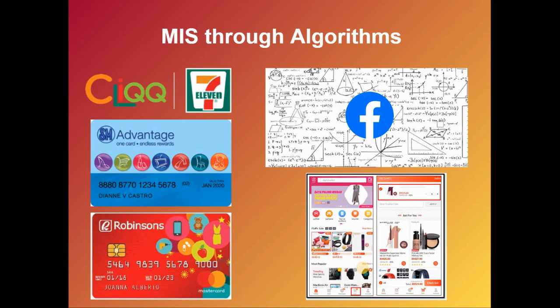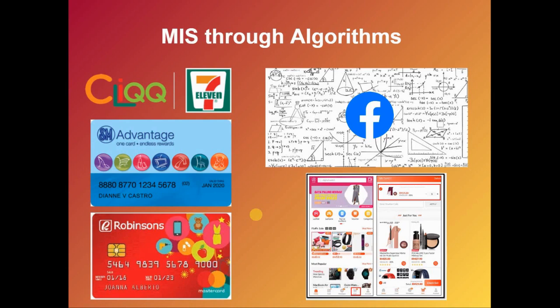And prior to this advancement, paano ba kinukuha yung information natin? It's being gathered through cards, membership cards. Like for example, you have the Click for 7-Eleven, you have an SM Advantage card, you have a Robinsons card, no? All of your data are being stored there. Yung pangalan mo, yung address mo, how much are you spending, gaano ka kadalas bumili.